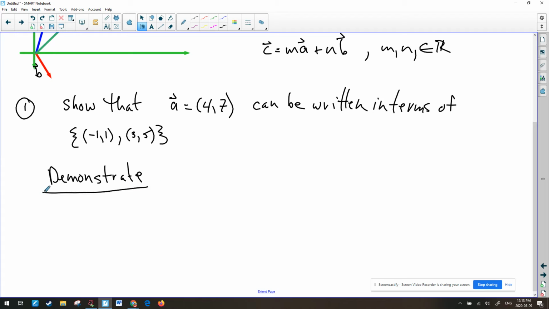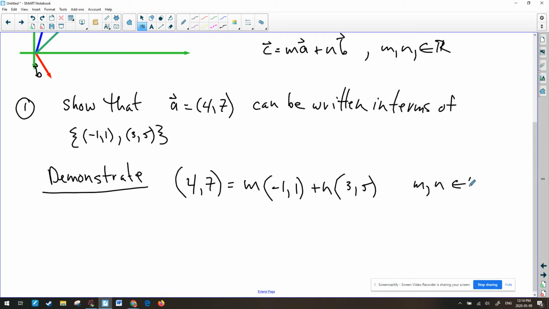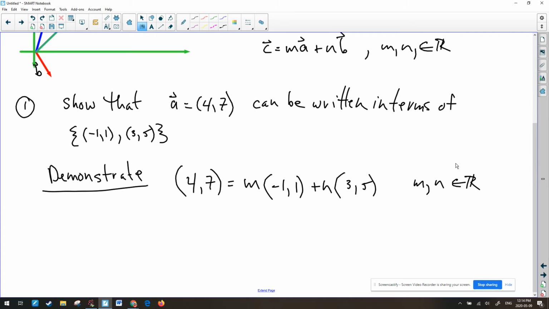the following. We need to demonstrate that 4, 7 can be written as a combination of, not A, we use that variable up there, M times -1, 1 plus N times 3, 5, where M and N are members of the reals.